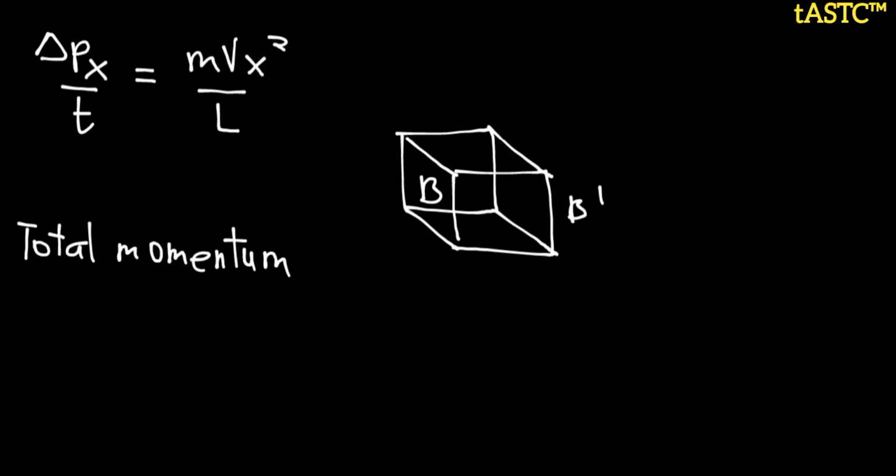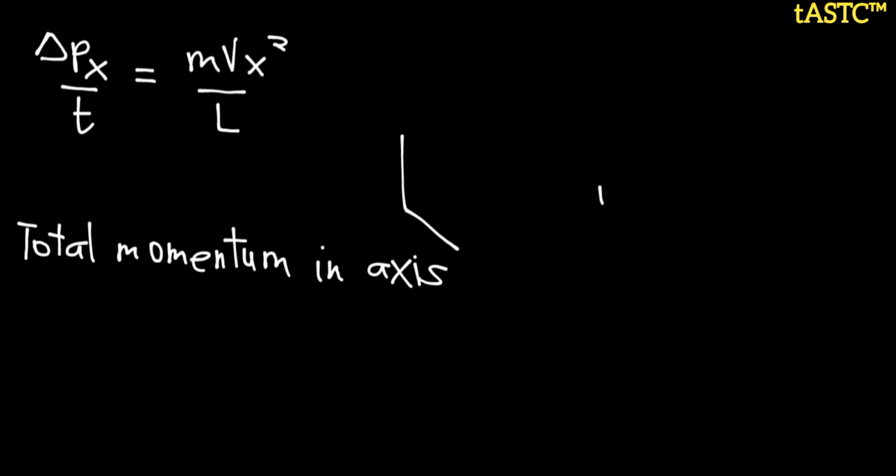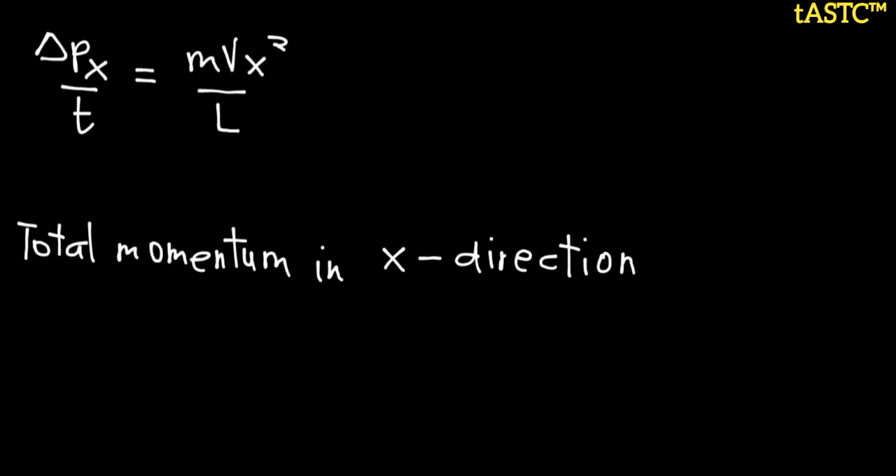So the total momentum change in the x-axis is not just going to be with respect to one face, but the 2 faces. In the x direction, that is going to be total.